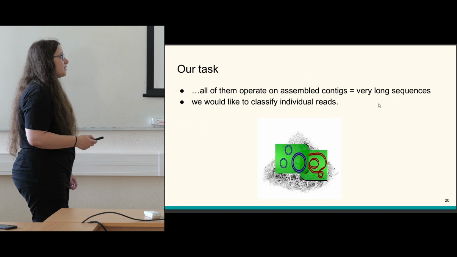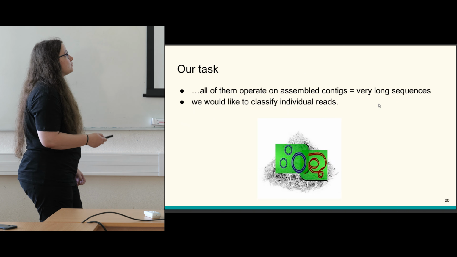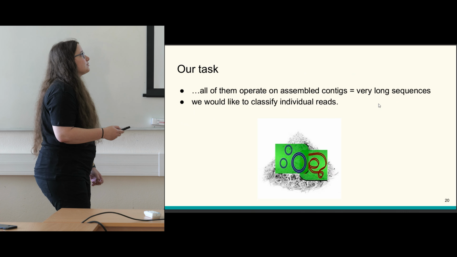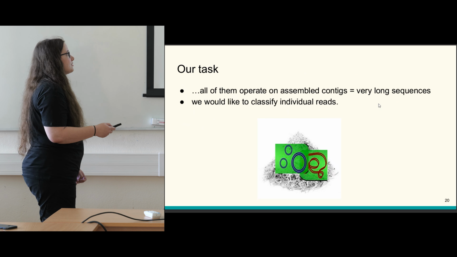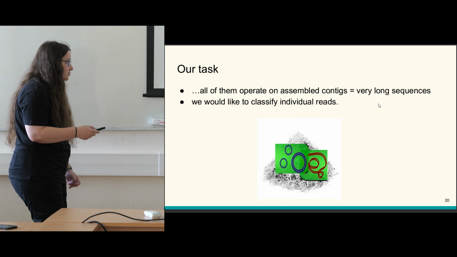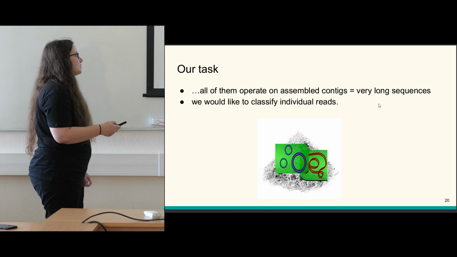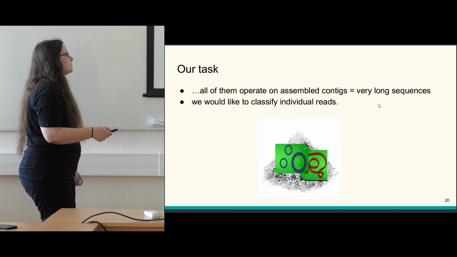And there is only a small number of them for a sequencing experiment. And what we would like to do is to classify the individual reads. This is a harder task because there are a lot of reads, and they are generally shorter. So we want to somehow split this pile into the two piles as we have seen before.